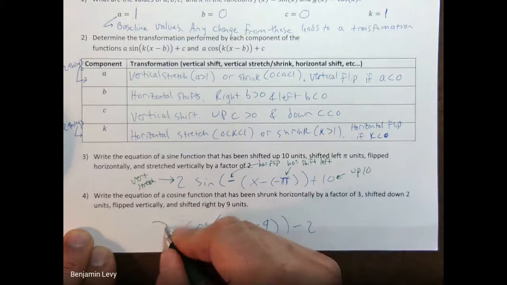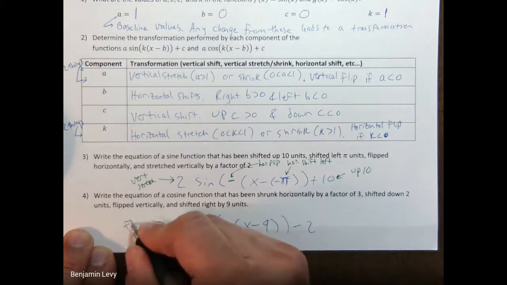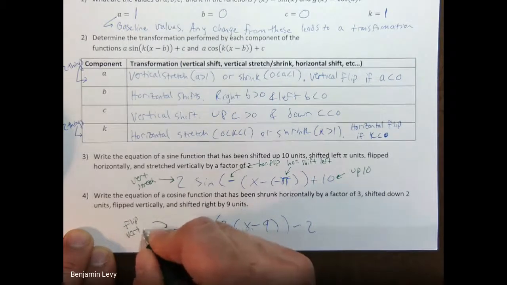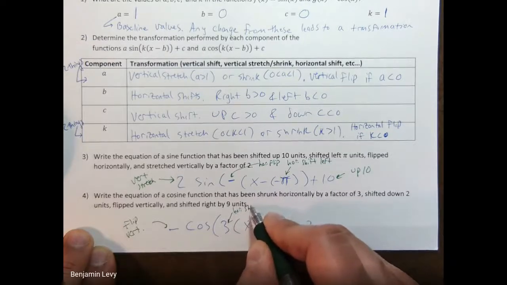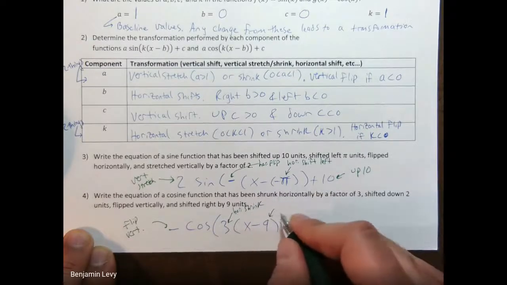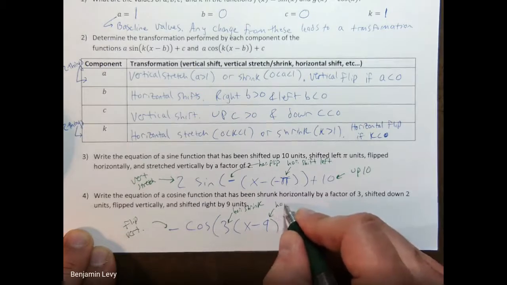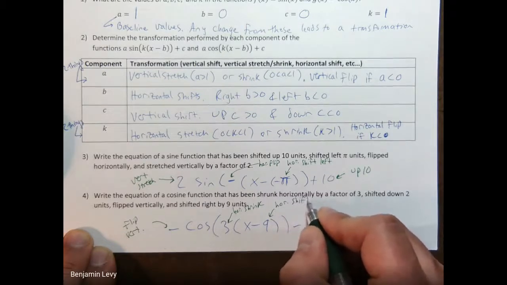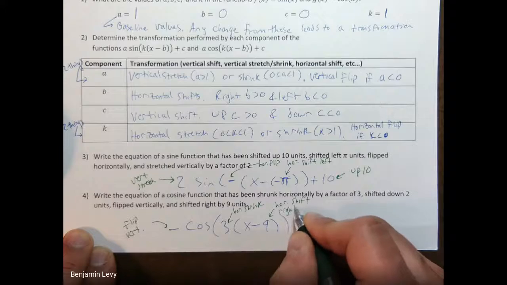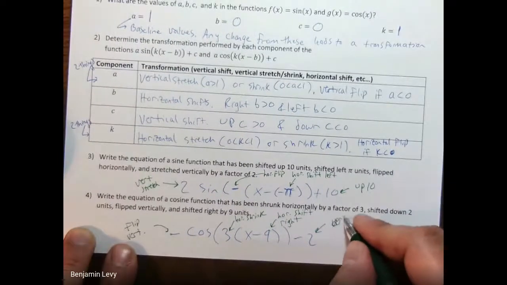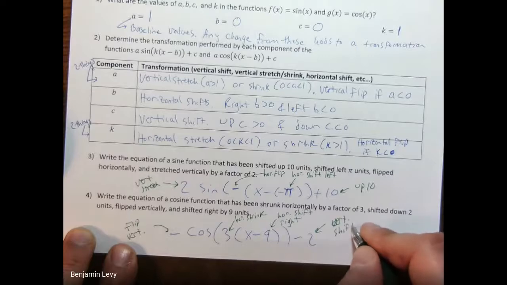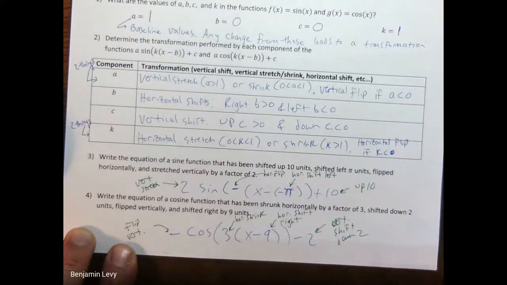All right, so the negative sign is going to flip vertically. The 3 is a horizontal shrink. The 9 moves things horizontally, shifting to the right. And then the minus 2 is a vertical shift down 2.